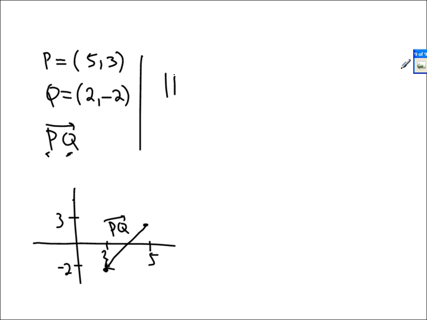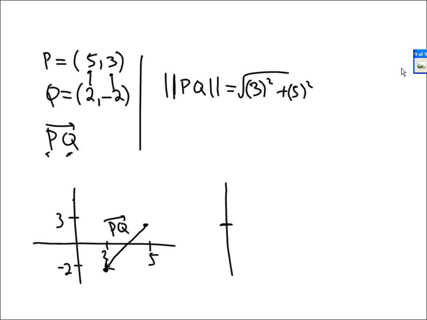Well, if you go from 2 to 5, x went up 3. And if you go from negative 2 to positive 3, you went up 5. After all, if this is the ground floor, you're on an elevator, 0 is the ground floor, but you are 2 floors below 0, and you want to go 3 floors above.